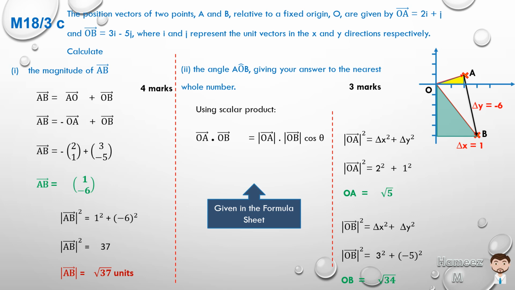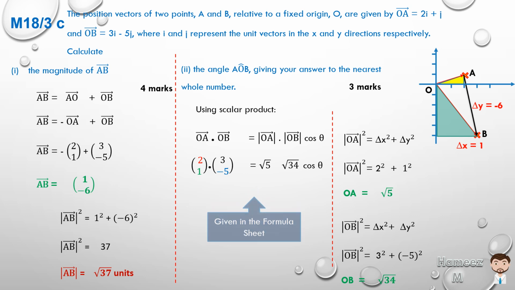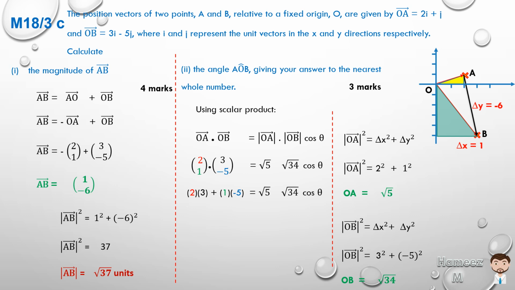We can now substitute to find theta. So OA dot OB, (2, 1) dot (3, minus 5), is equal to square root of 5 times square root of 34 cos theta. And how do we get OA dot OB? Well, we multiply the first term in OA by the first term in OB. So it'll be the red term, which is 2, times the black term, which is 3.